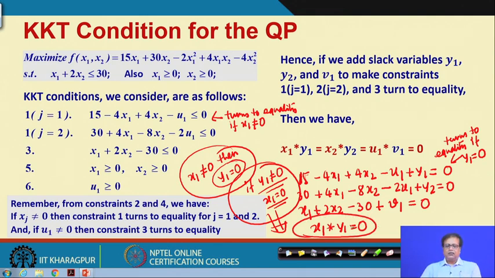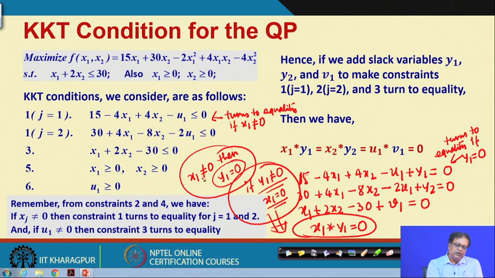Once again, let us repeat exactly what we said. Look here, 15 minus 4x1 plus 4x2 minus u1 is less than or equal to 0. If I add a slack variable y1, then this term becomes 0. Now, this will turn to equality if y1 equal to 0, and this will turn to equality if x1 is not equal to 0, which we have already seen.